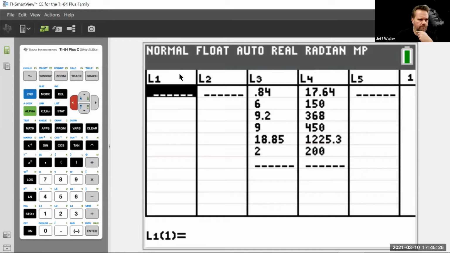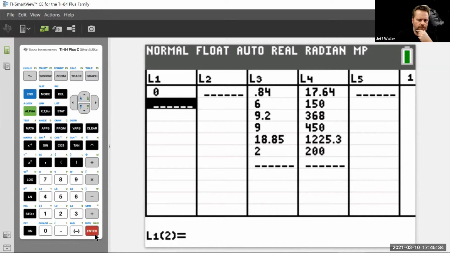Is this what it looks like? Yeah. All right, so when you hit the 0, do you see how I'm right here? I'm not up here. I'm right here.